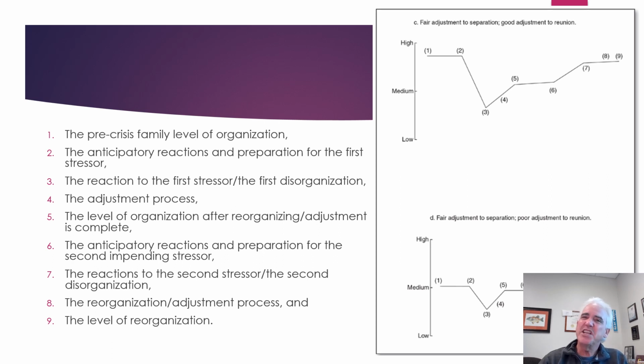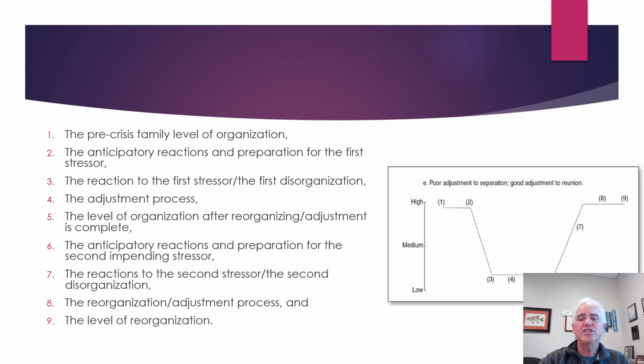So they were functioning at a medium level at first and had the crisis, and they came back almost to medium, but then they just didn't quite get it at the end, and now they're functioning poorly. Now let's move on to the next one. The last of the roller coaster models is a poor adjustment to separation, but a good adjustment to reunion. So they have this crisis, and they're in a trough for a while, but then everything kind of resolves itself, and now they're even doing better than they were before.